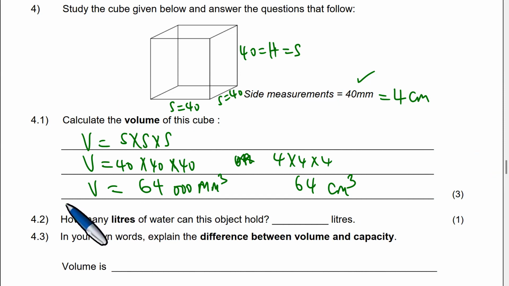You need to know that 1 liter is 1 million cubic milliliters. 1 liter is 1 million cubic milliliters.